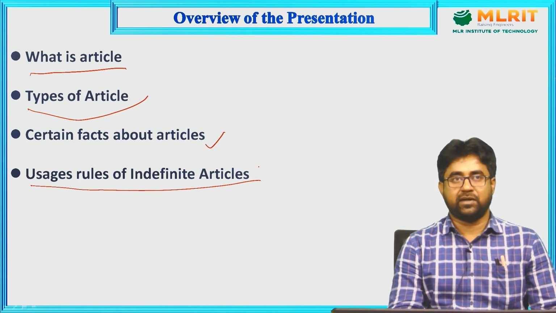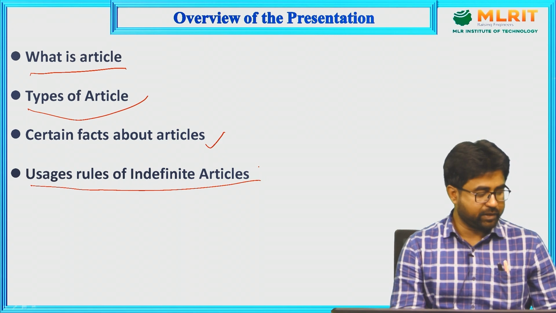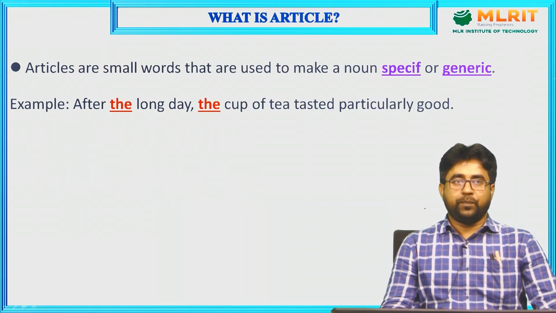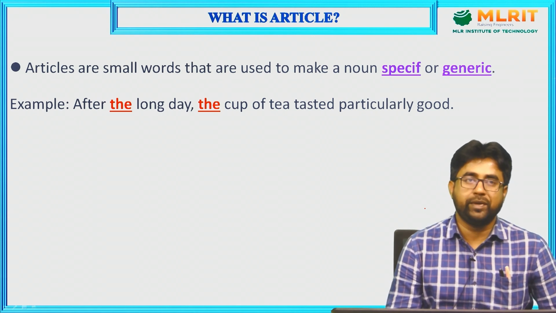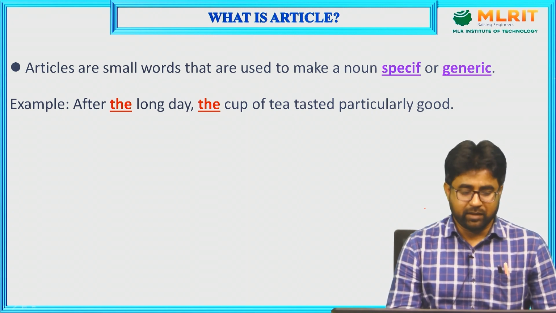Fine. So let's start with today's topic. The first one is the definition of article. How do we define articles? Normally we all know articles means a or an and the. So these three are articles.